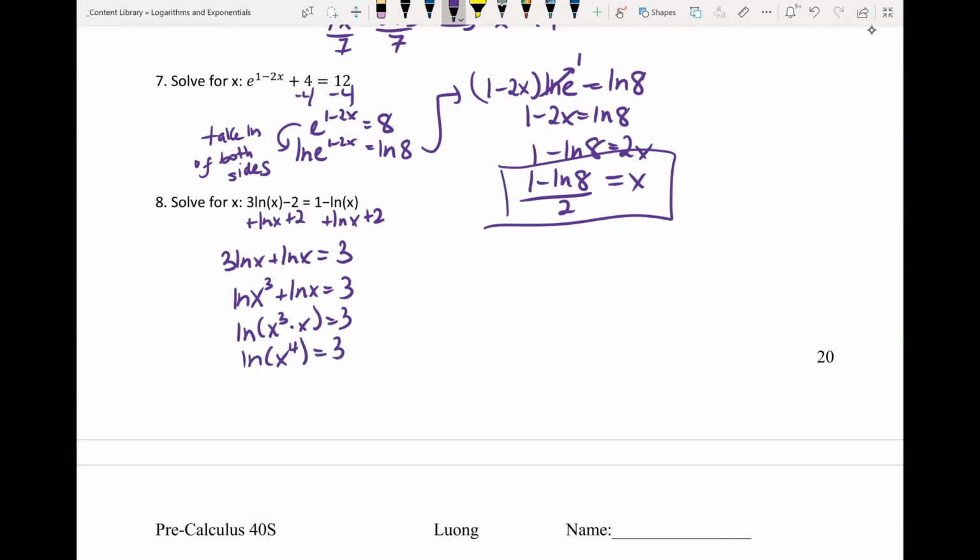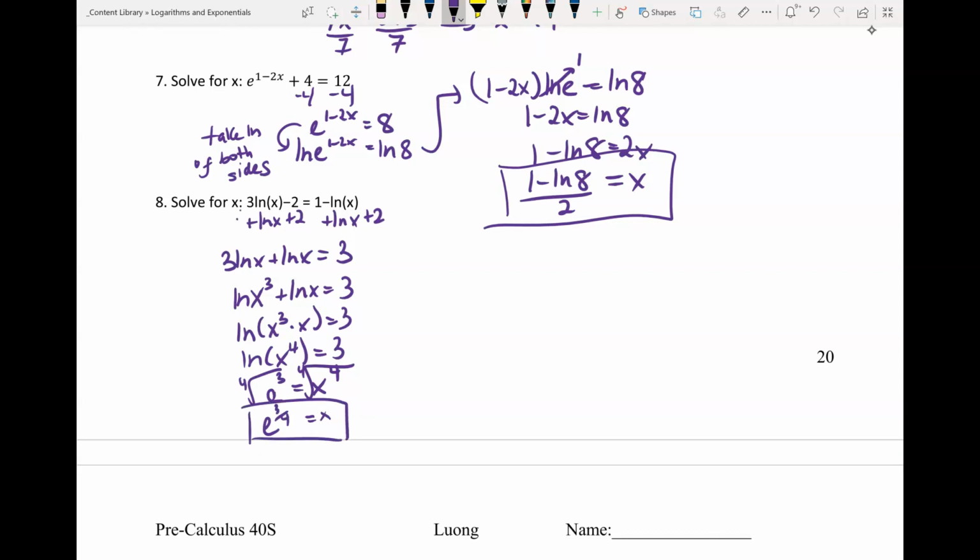And I'm going to change this into exponential form. So you have e to the power of 3 is equal to x to the power of 4. Because I'm solving for x, I'm going to take the 4th root of both sides. So we're left with e to the power of 3/4 as our final answer.